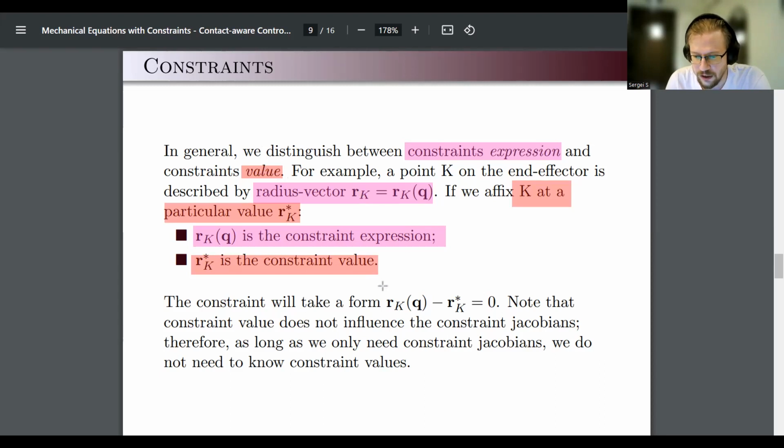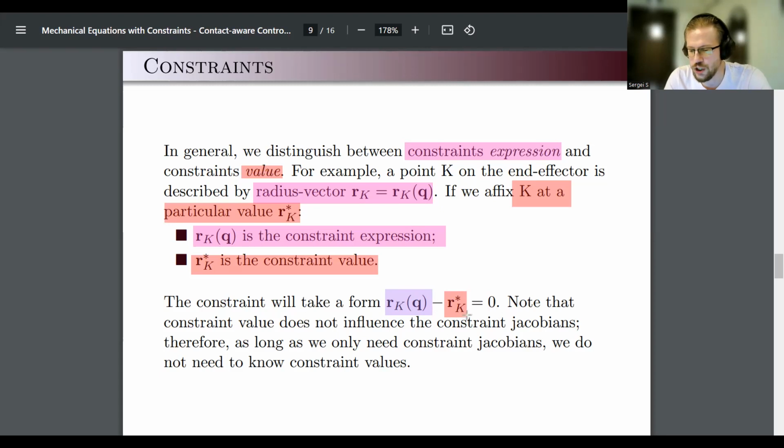Now, constraints usually take a form like the following. It is the expression minus the value, and we say it is equal to 0. This is a convention. We like the right-hand side of the constraints to be 0. So we write constraints in the way, something equals 0.